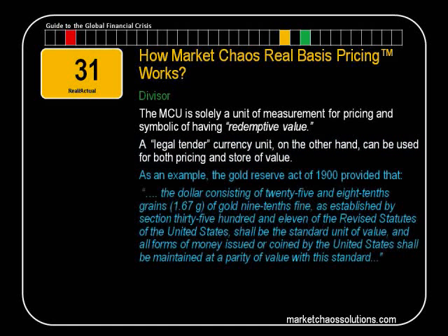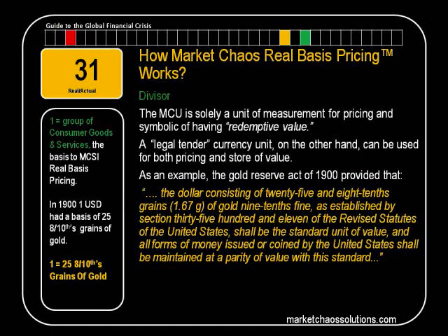An example, the Gold Reserve Act of 1900 provided that the dollar consisting of 25 8/10 grains of gold, 9/10 fine, as established by Section 3511 of the Revised Statutes of the United States, shall be the standard unit of value, and all forms of money issued or coined by the United States shall be maintained at a parity of value with this standard.